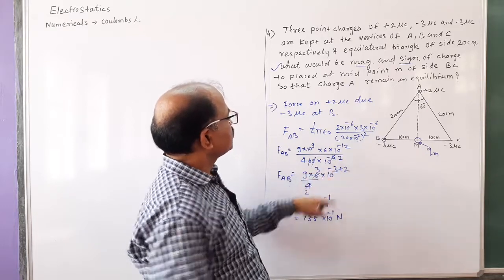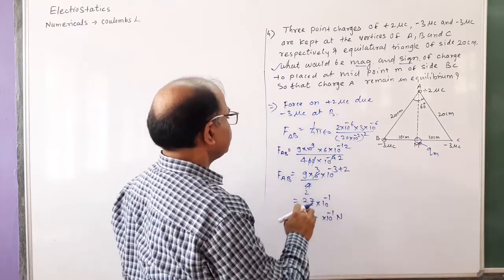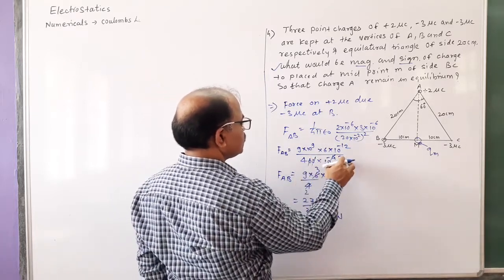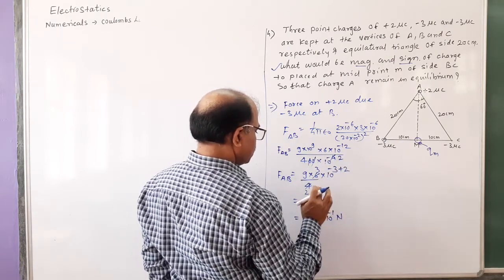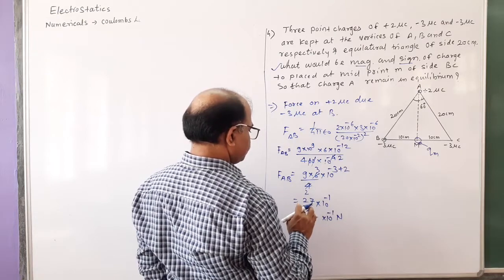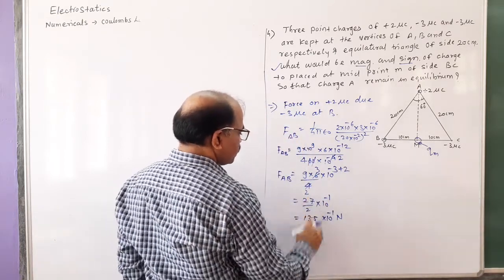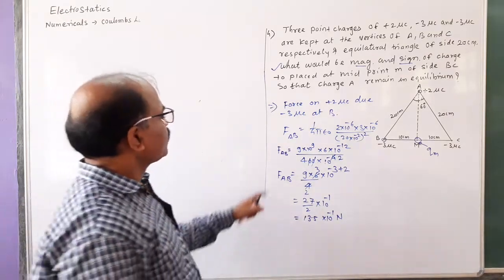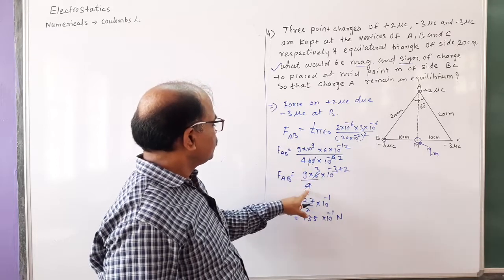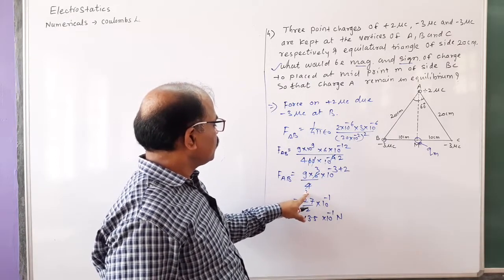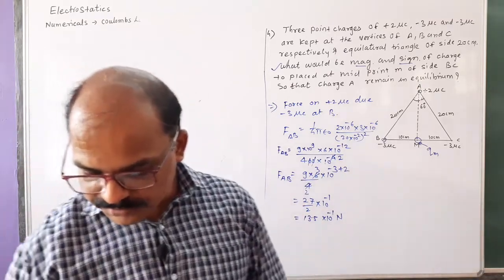The square of this term is 10 raised to minus 4, and the 20 goes with it, minus 2 remains, goes up and becomes plus 2. The value equals 27 into 9, 6, divided by 2, so this is 27 divided by 2.